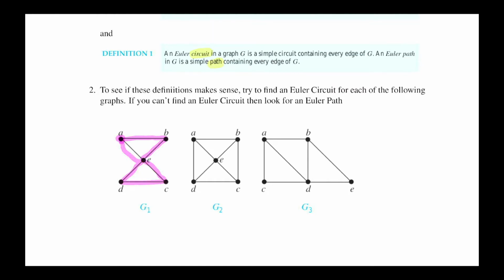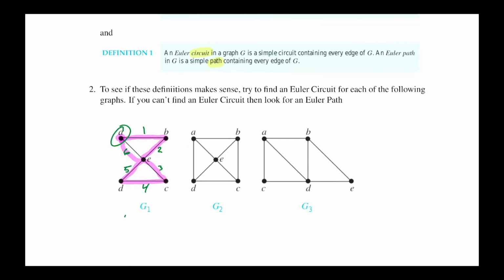So we used this edge first, then here, then here, then here, then here. So just 1, 2, 3, 4, 5, 6. And we started and we stopped here. So we found a circuit, which is also a path.